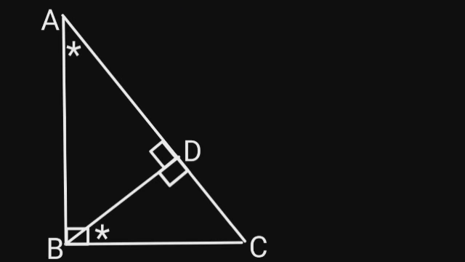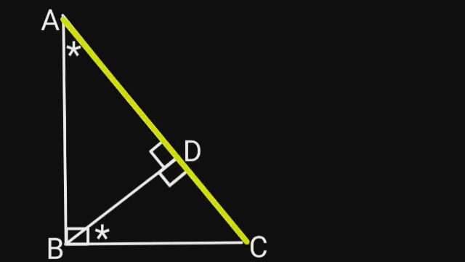In triangle ABC, angle ABC is equal to 90 degrees. Segment BD, that is altitude BD, is perpendicular to the hypotenuse AC at point D.